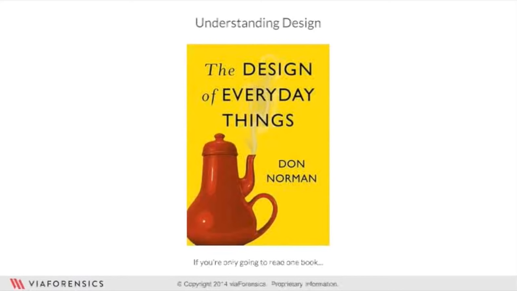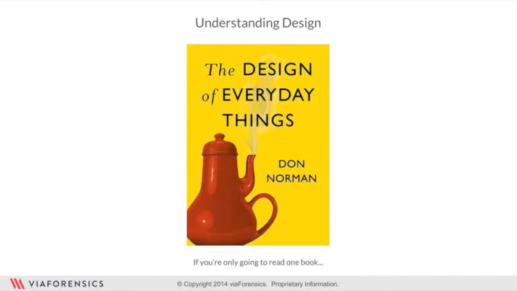If you're just going to read one book about user experience or really design in general, I recommend The Design of Everyday Things by Don Norman. This book isn't going to tell you really anything specific about mobile design per se. It's more focused on the everyday things in your life. So, for example, how do I know how a certain door works?